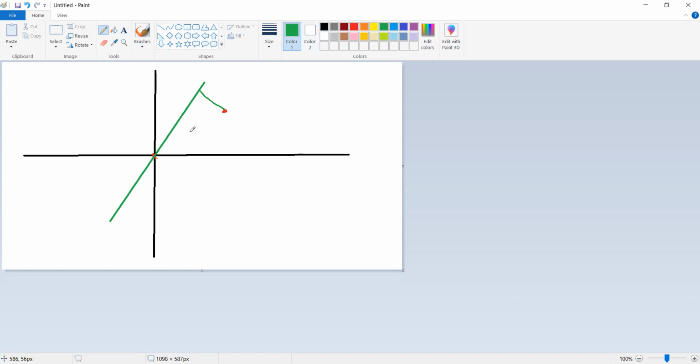Now, this is fixed, correct? This is like your hypotenuse, the fixed line. That's the distance between the two points, the origin and the given point.